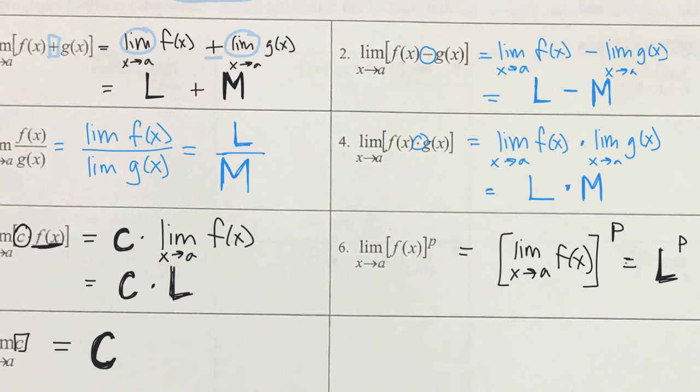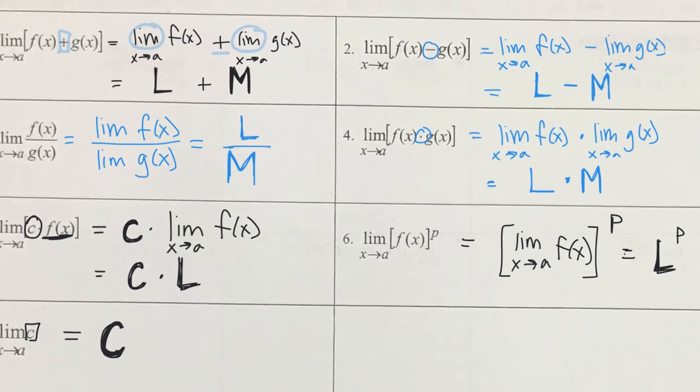Adding limits together, subtracting limits, multiplying limits, dividing limits, a scalar multiplication, raising it to a power, or the limit of a constant is a constant. Okay, so we'll use these once in a while when we're trying to simplify our limits. If the limit is fairly complicated to begin with, we'll apply these.